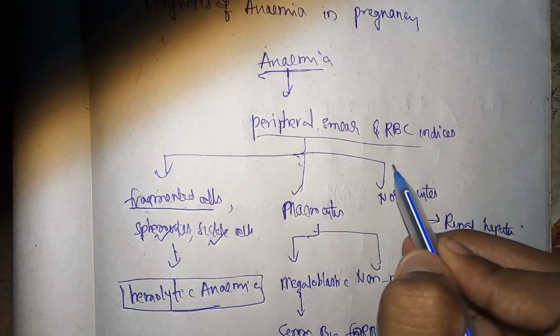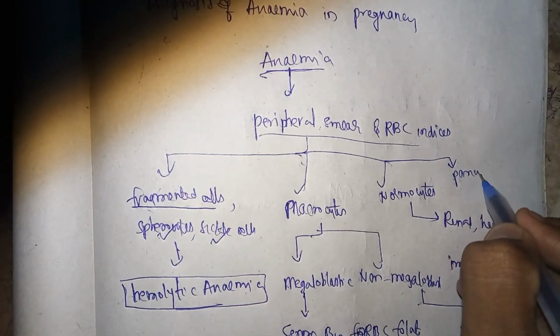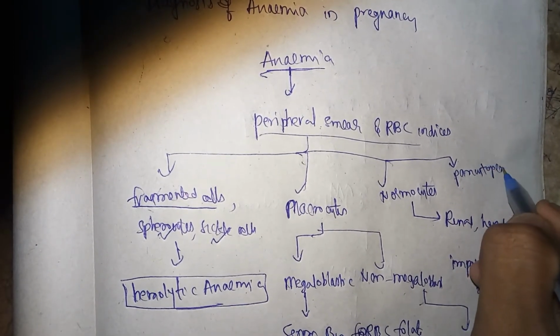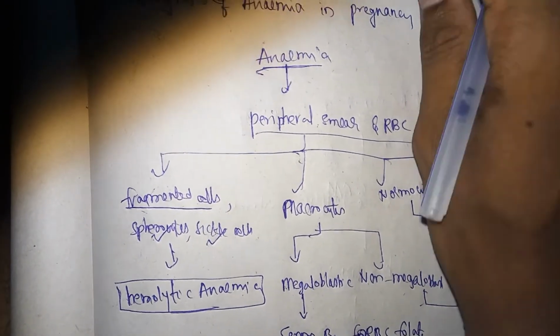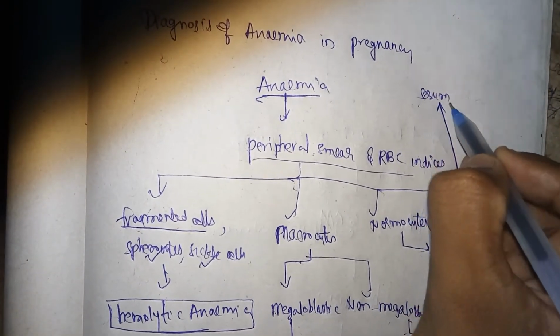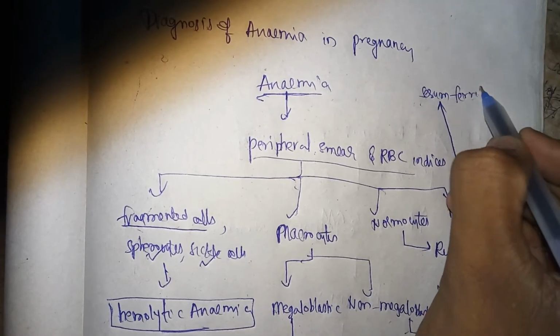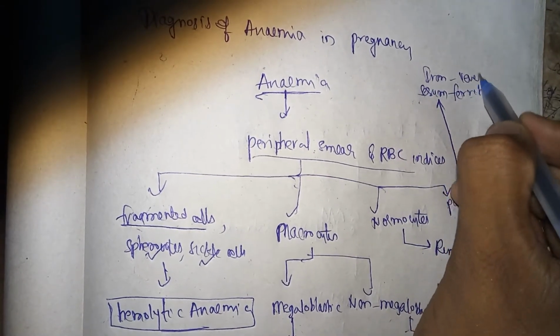Okay. If there is pancytopenia, then we'll check serum ferritin levels as well as serum iron levels.